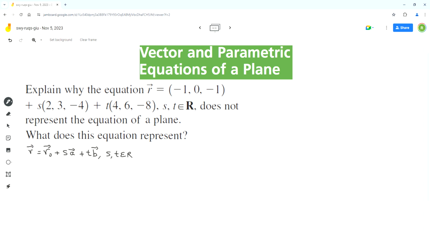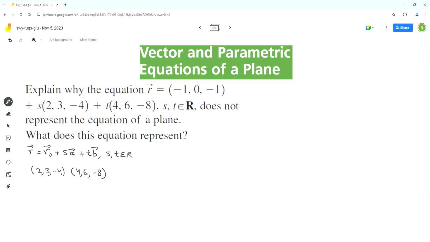There is a very important concept that we will use to solve this problem: vectors a and b should be non-collinear vectors. That means these vectors should not be scalar multiples of each other. Now if we analyze the direction vectors given in the equation, these vectors are scalar multiples of each other.